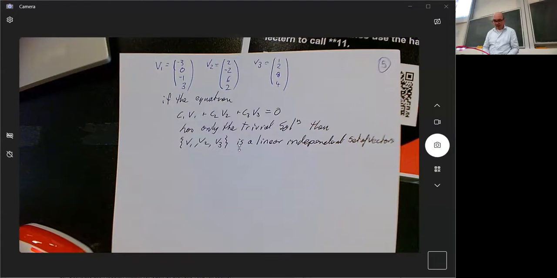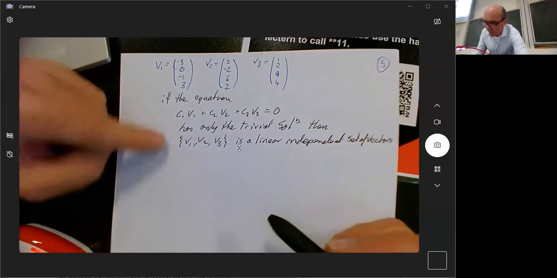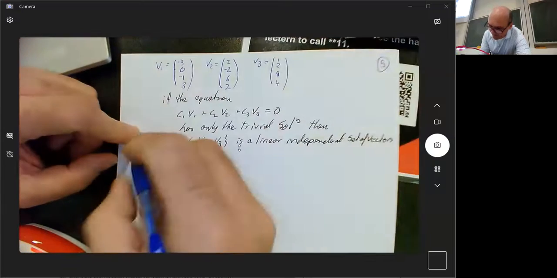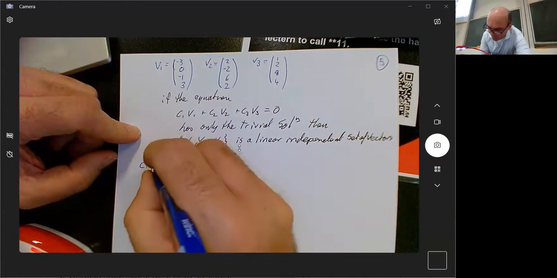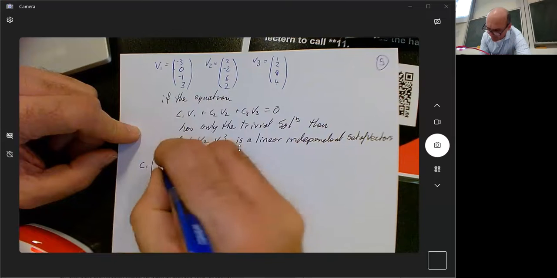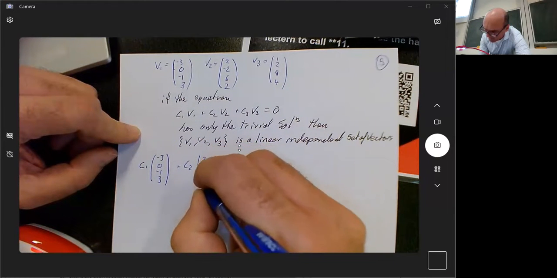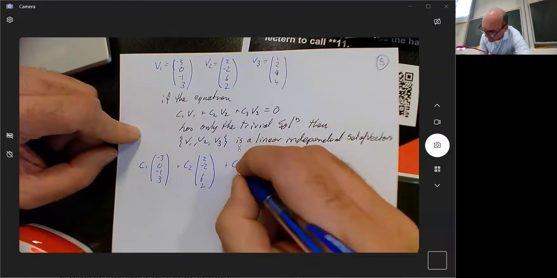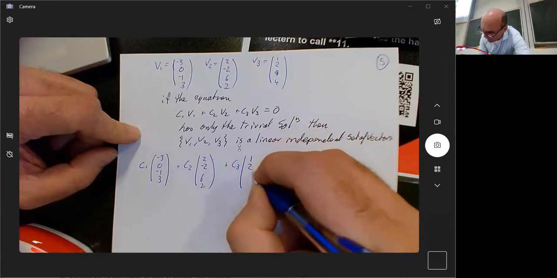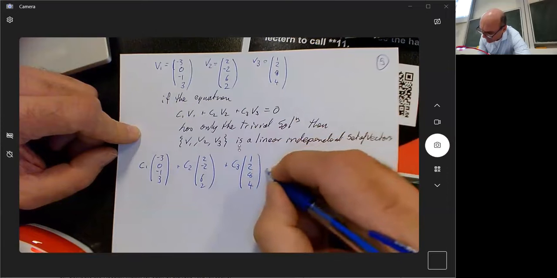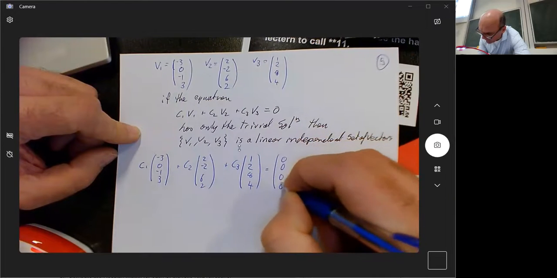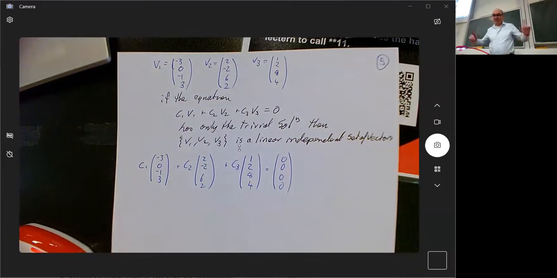But in this case, so what this means is, if I'm going to go C1 by -3, 0, -1, 3, plus C2 by 2, -2, 6, 2, plus C3 by 1, 2, 8, 4 is equal to 0, 0, 0, 0. What I'm going to do is I'm actually just going to expand this out.